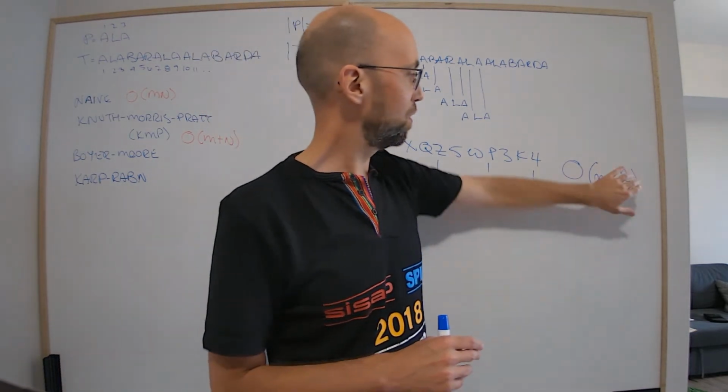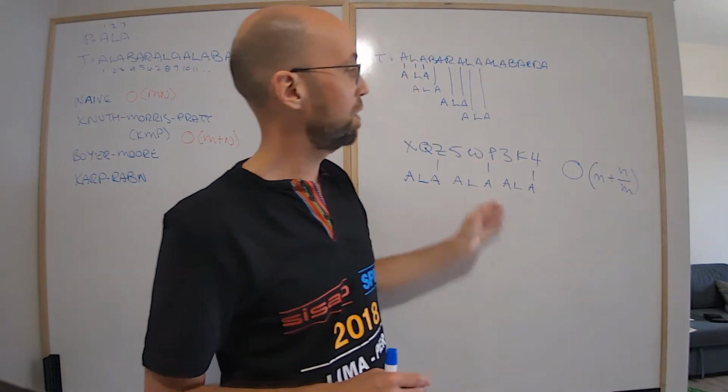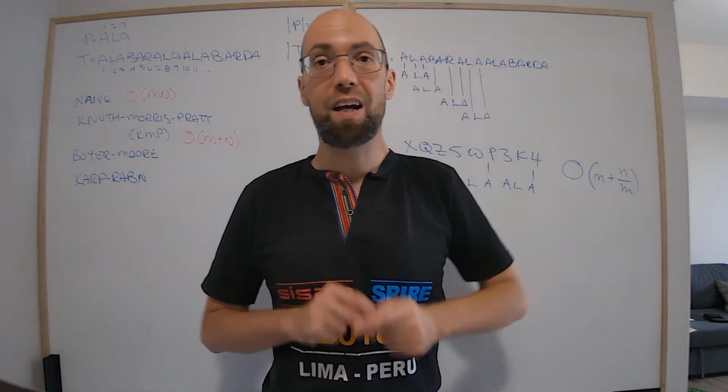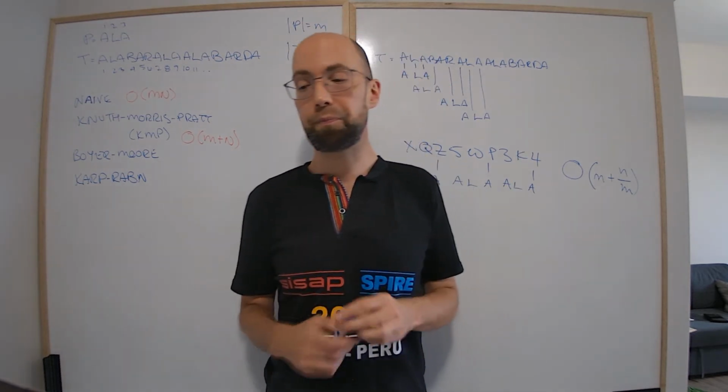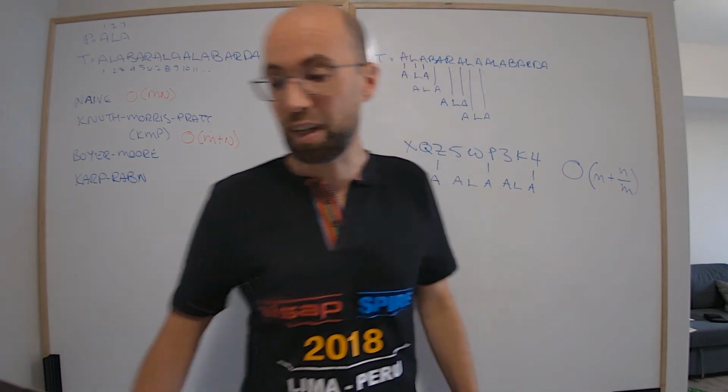Okay, so something small in terms of m plus n over m. So if the text is very big and the pattern is very small, and the alphabet is pretty big, then Boyer-Moore is actually in practice very, very fast. This is smaller, so this is best case.